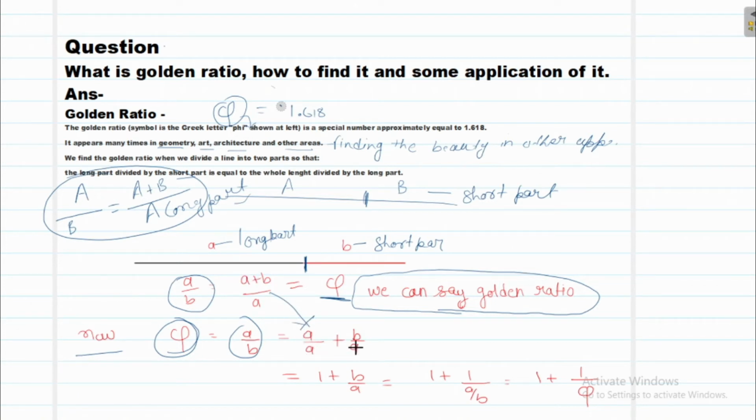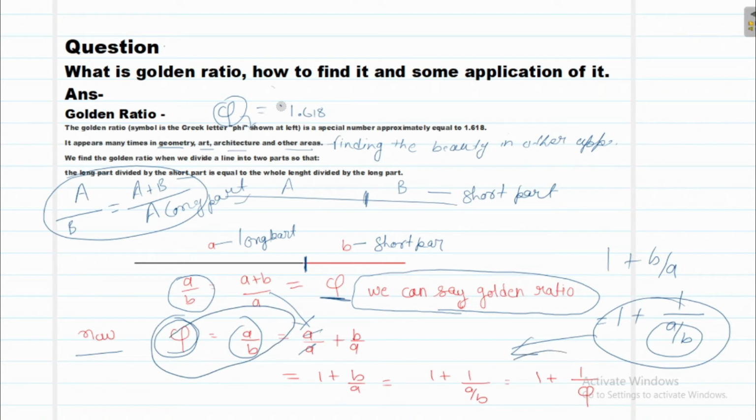So A upon A plus B upon A, that is 1 plus B upon A, is equal to 1 plus 1 upon A upon B. So 1 plus B upon A, we can write as 1 plus 1 upon A upon B. So A upon B is also the value of phi. So we can write it as 1 plus 1 upon phi.